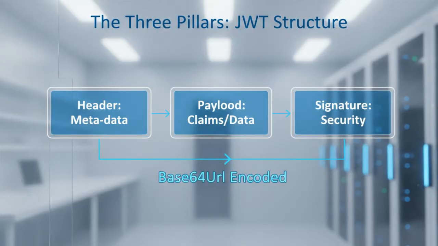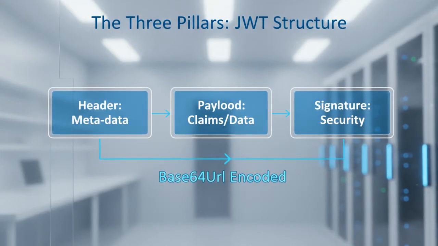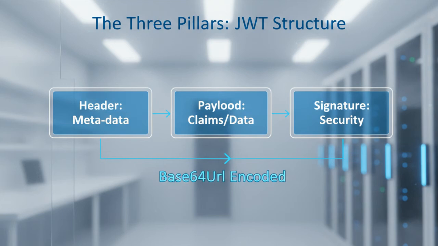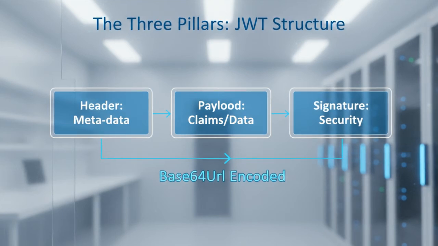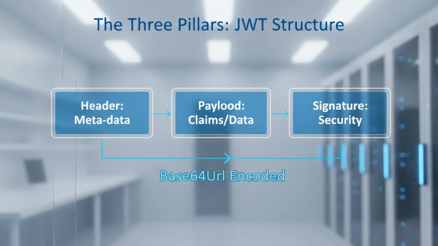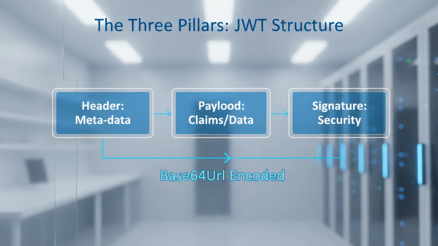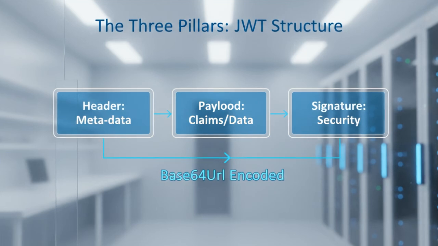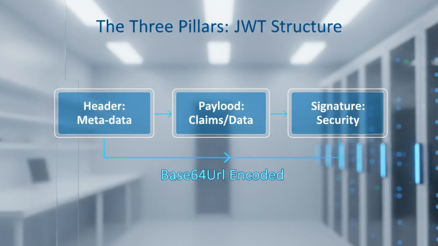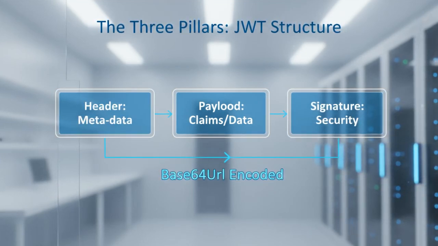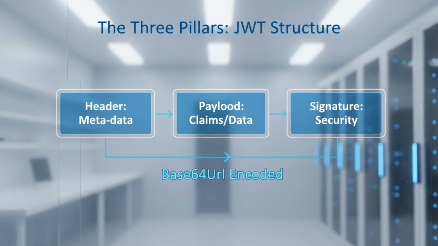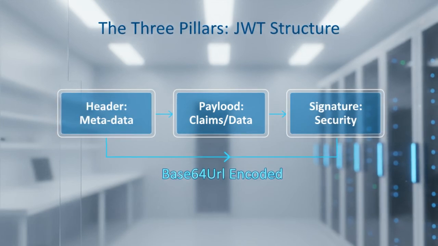At first glance, a JWT looks like a random string of characters separated by dots. However, it is a highly structured object composed of three distinct parts: the header, the payload, and the signature. These parts are base64 URL encoded and concatenated with periods. The header typically tells us the type of token and the hashing algorithm used.